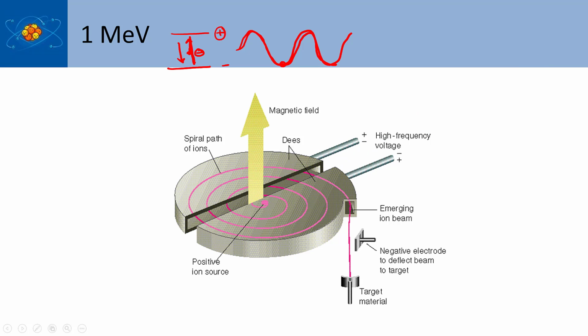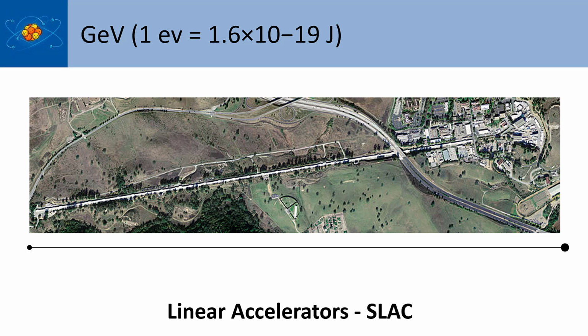Then you have to use a larger accelerator, and this is one that many people in California have driven over. This is Highway 280 on the coast, near Palo Alto, California, near Stanford. This is the Stanford Linear Accelerator, or the SLAC. These are buildings, and this is a freeway, and these dots are cars.